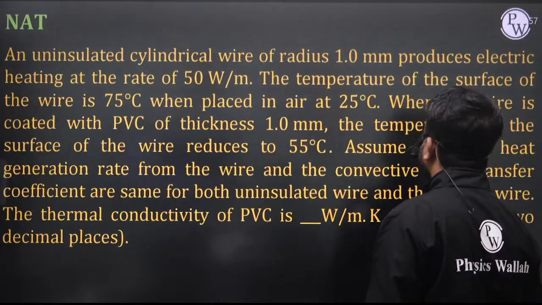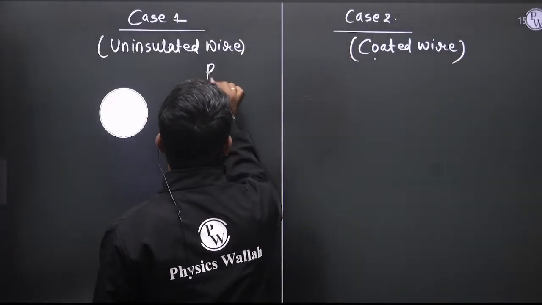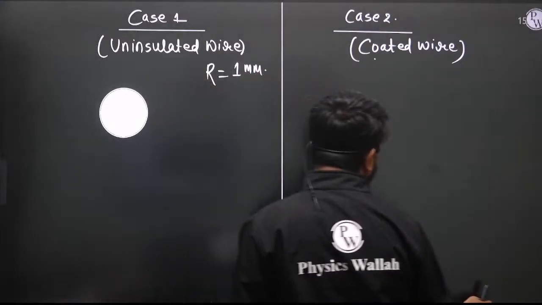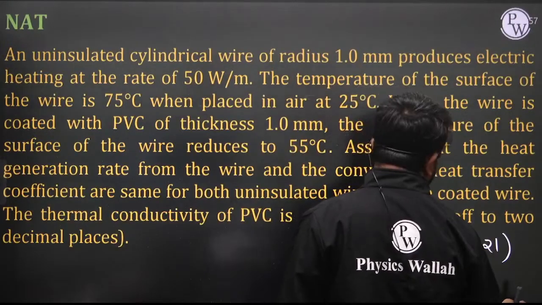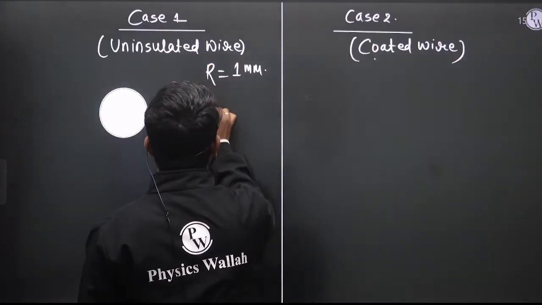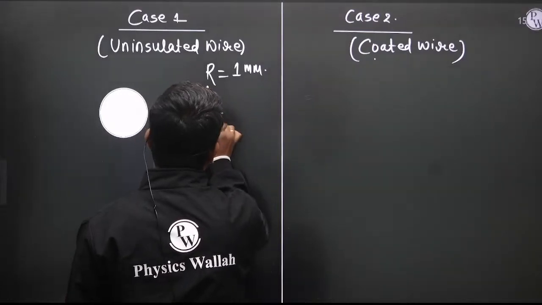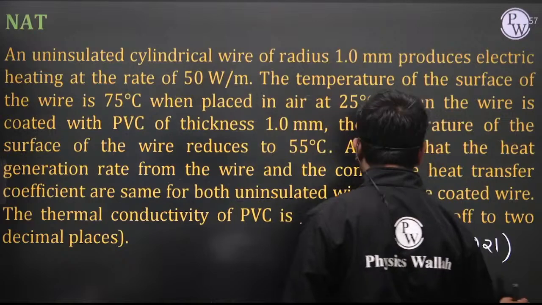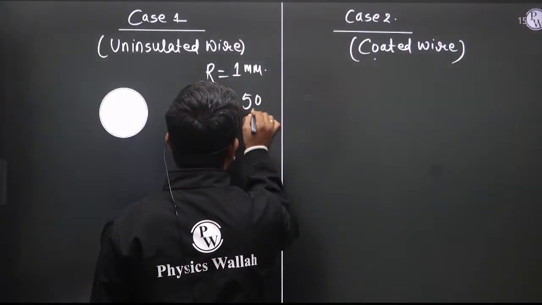So the radius is 1 mm, and the heat generation per unit length is 50 watt per meter.